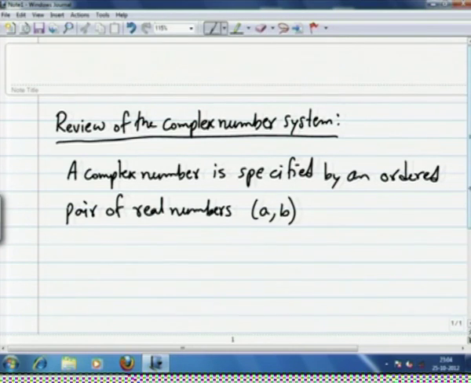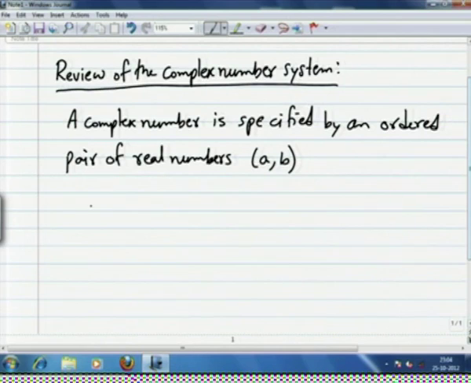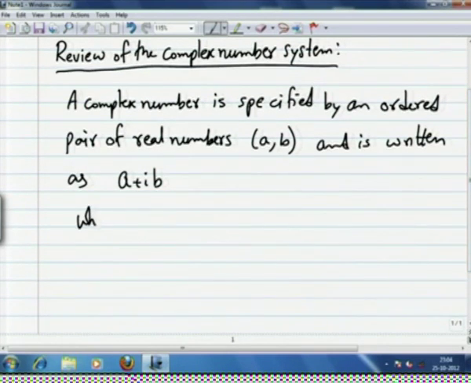So, an ordered pair a comma b gives rise to a complex number a plus I b, and is written as a plus I b, where this I here stands for the square root of minus 1.